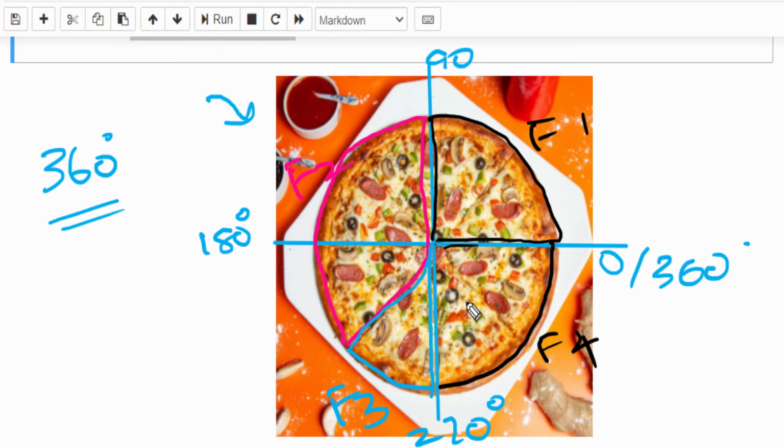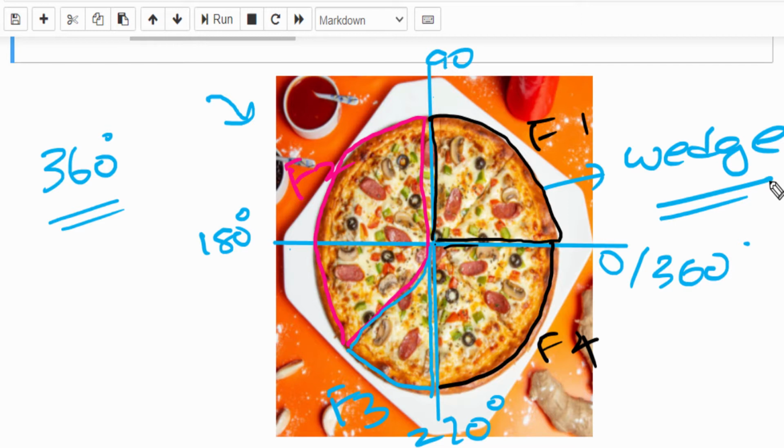Like this, we are slicing the pizza into pieces. This particular slice we call that as wedge. Wedge is the technical terminology when you consider a certain partition from a pie chart.